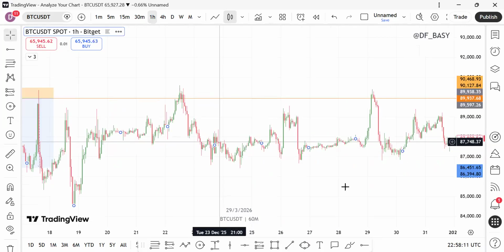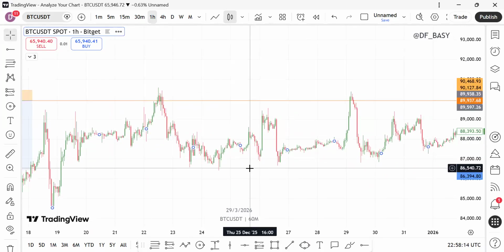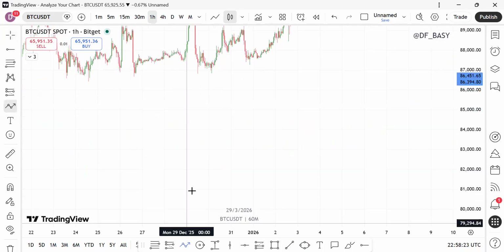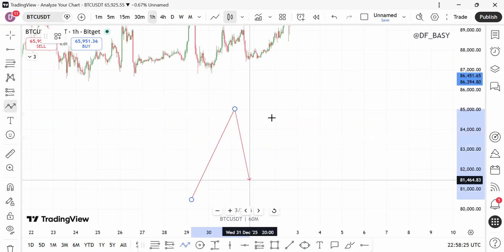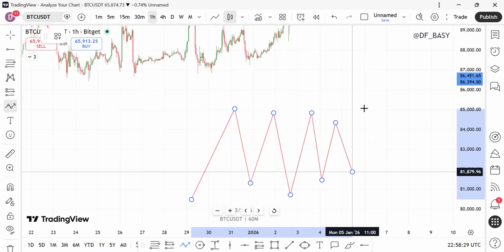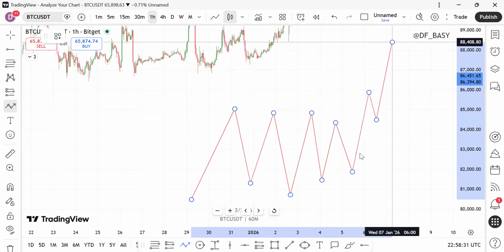Then lastly, what else to show you? I also show you your triangle pattern. So the basic triangle pattern I showed you guys, this is how it is. Have a break, then you have a buy, right?